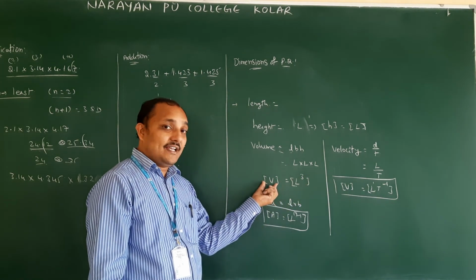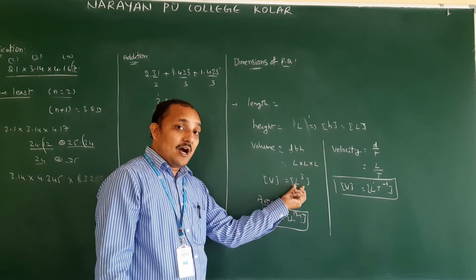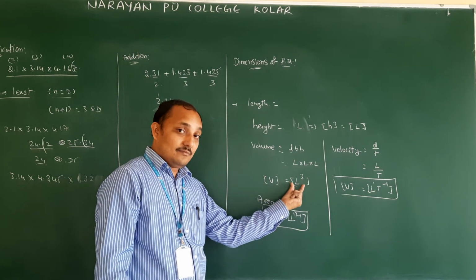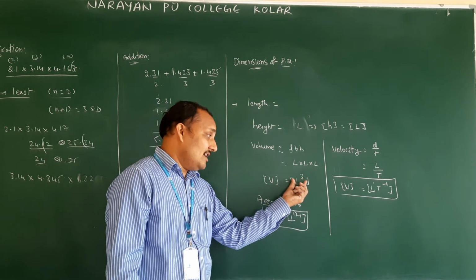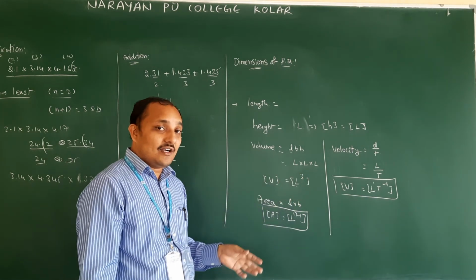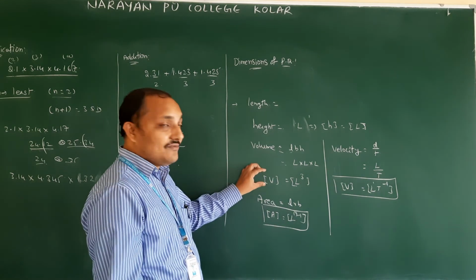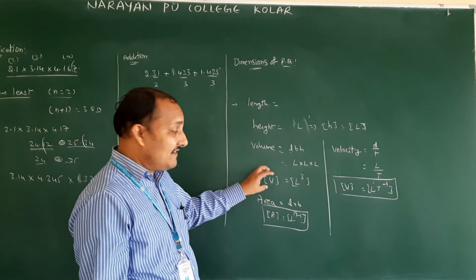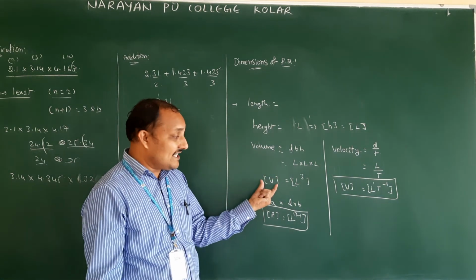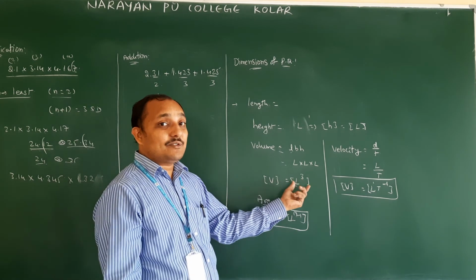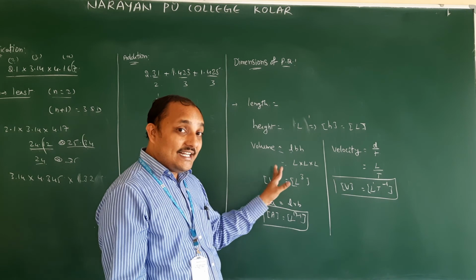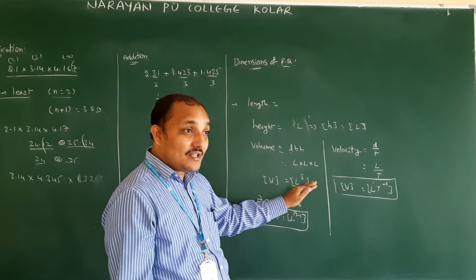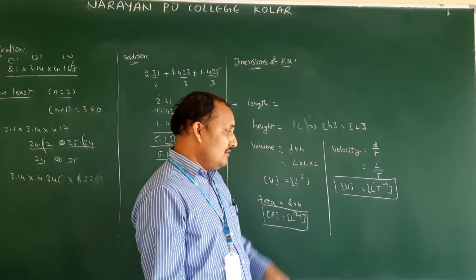If you are representing a physical quantity, and up to what powers you raise the fundamental or base physical quantities, if you equate these two, that is called dimensional formula. So dimensional formula, dimensional equation is the expression which is representing the physical quantity in terms of fundamental physical quantities by raising to some powers.